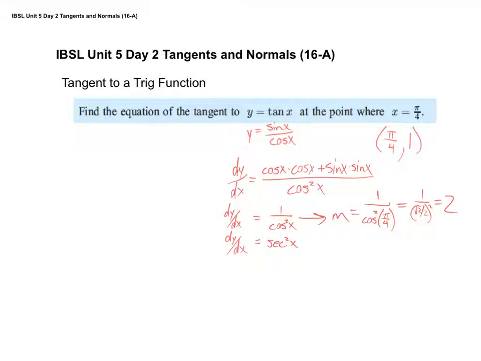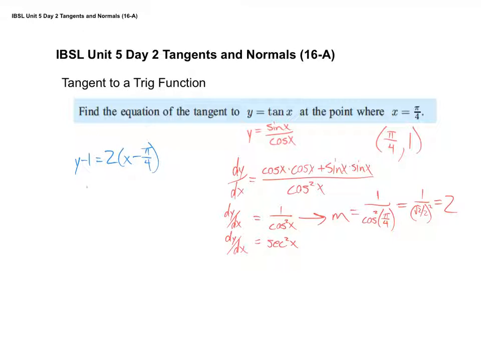Now I can get my equation. The tangent line, y minus 1, equals the slope times x minus pi over 4. Are we going to use this formula all the time? Are we going to use y equals mx plus b at all? Whatever you want. I use this a lot, but whatever you're comfortable with, you can use.